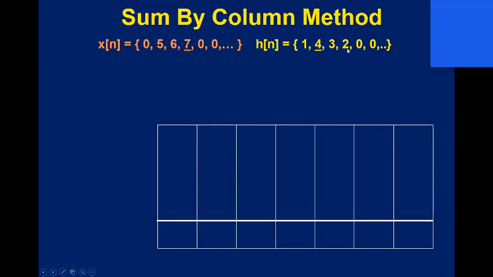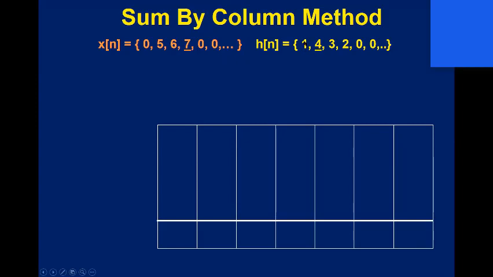Here I have two finite length sequences that are both non-causal. Here's my x of n. I've underlined the 7 sample value here, indicating that's my n equals 0 point. And so I have a sample at n equals -2, -1, and 0 for x of n. My h of n has an n equals 0 here at this sample value 4.